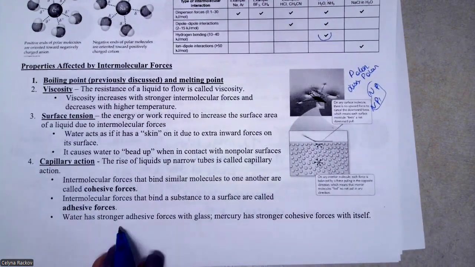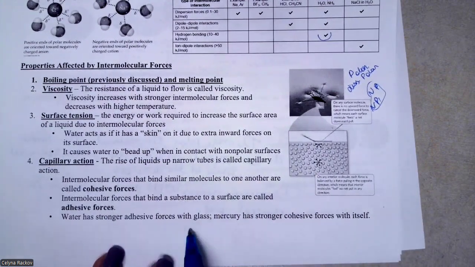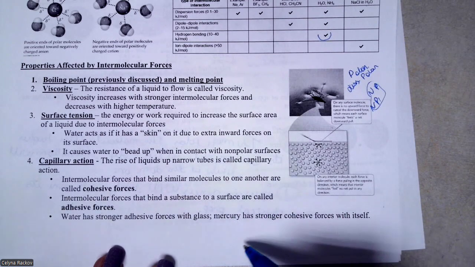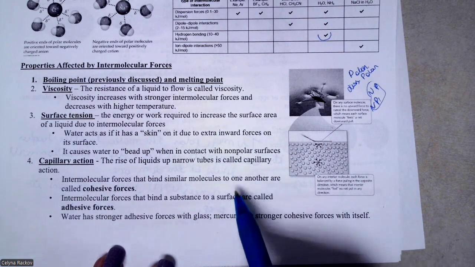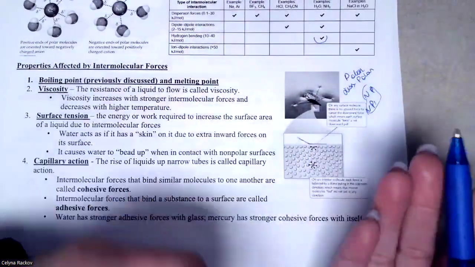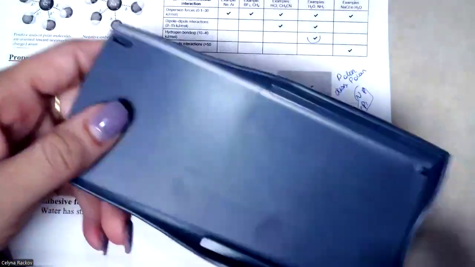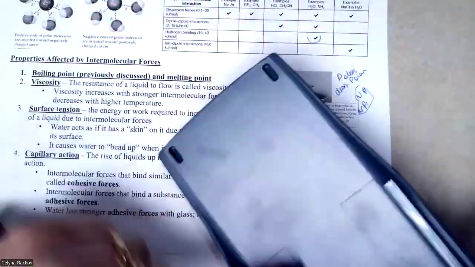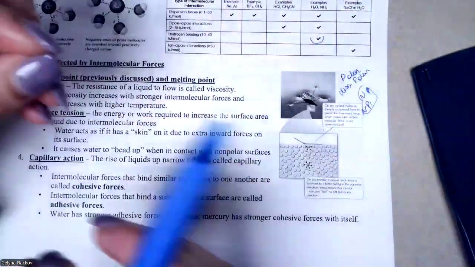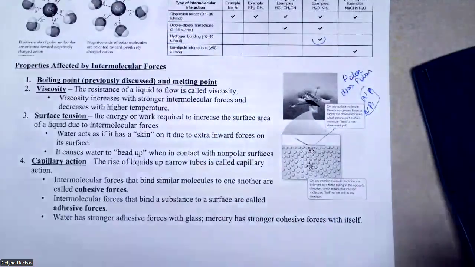So water has strong adhesive forces with glass. Mercury has stronger cohesive forces with itself. Mercury is the only metal that's liquid, and if you see the mercury moving, it is very cohesive. It keeps together, moving but still together.